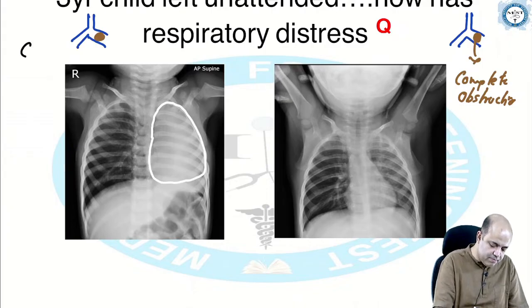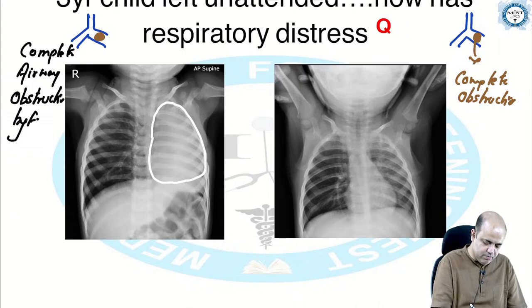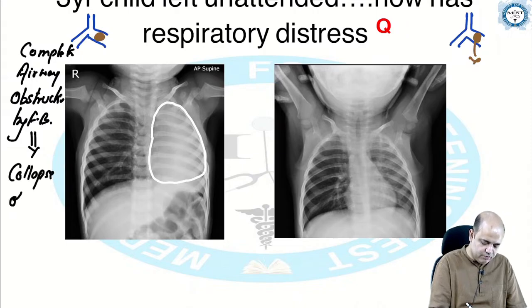This is a complete airway obstruction by the foreign body, and it will lead to the collapse of the lung.